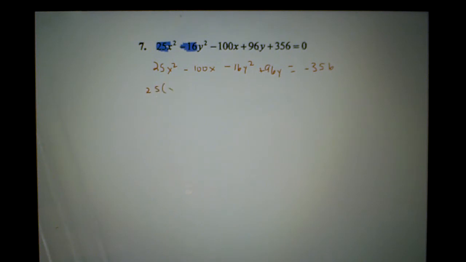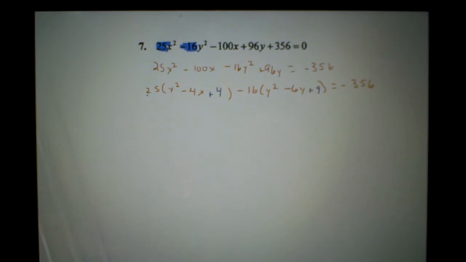Factor 25 out. Be careful. Divide negative 4 by 2, square it. Divide negative 6 by 2, square it.